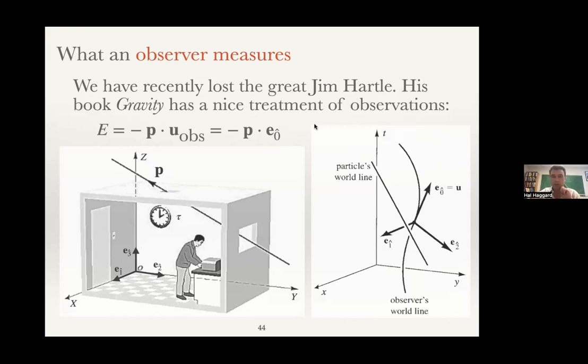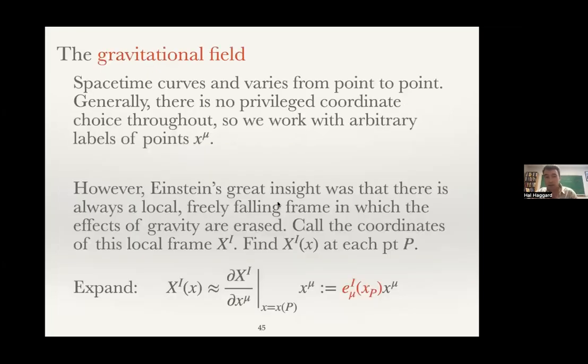The other half of the story is Einstein's insight into the equivalence principle. So we're working on a curved space-time manifold. That curvature means that we have to use very general coordinates to label points. So we just adopt completely arbitrary coordinates, x mu.